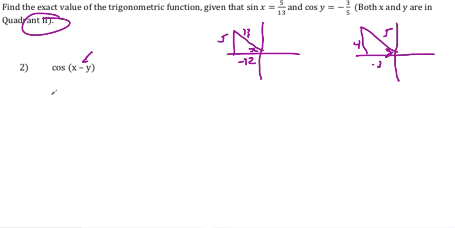Let's go ahead and I'll write out the formula again. So cosine x, cosine y, and we're going to add, and it's the sine's turn. Let's plug in cosine of x: it's negative 12 over 13.